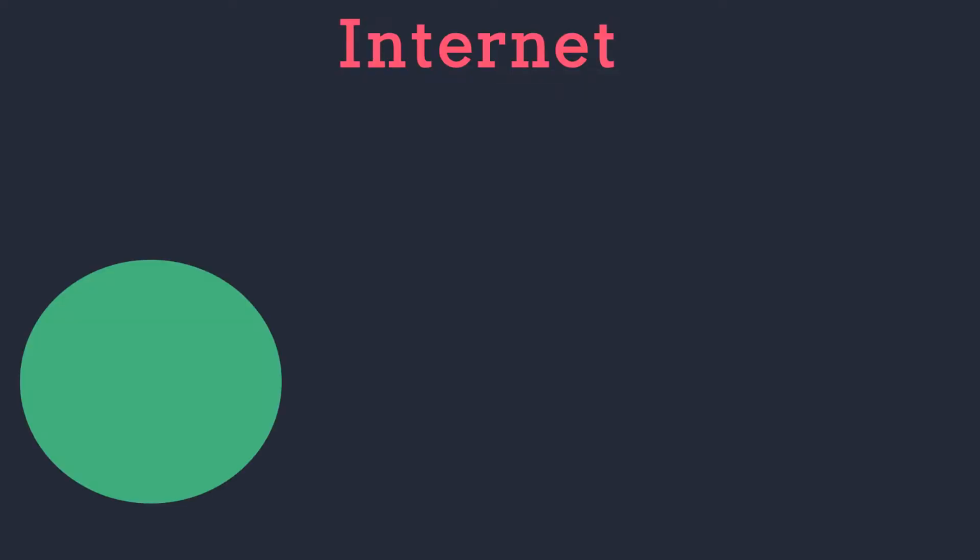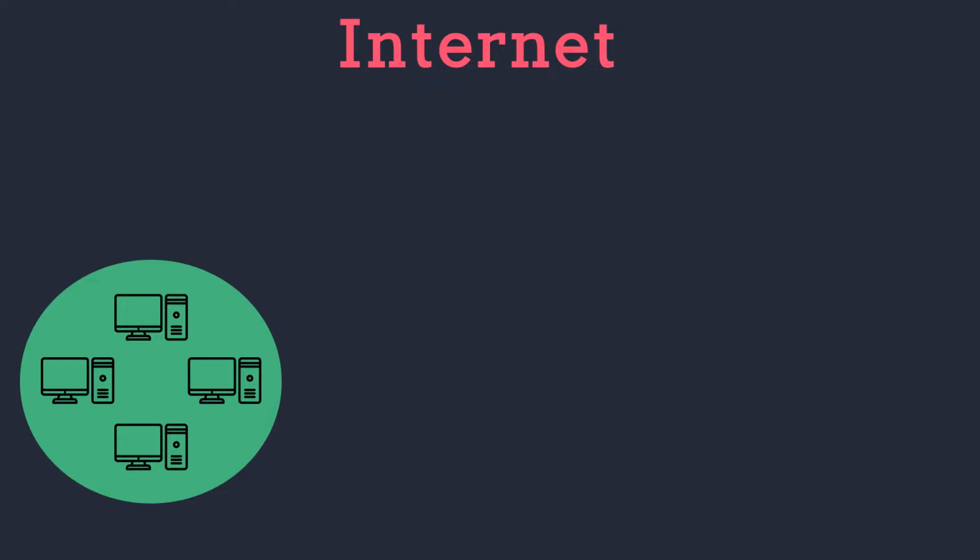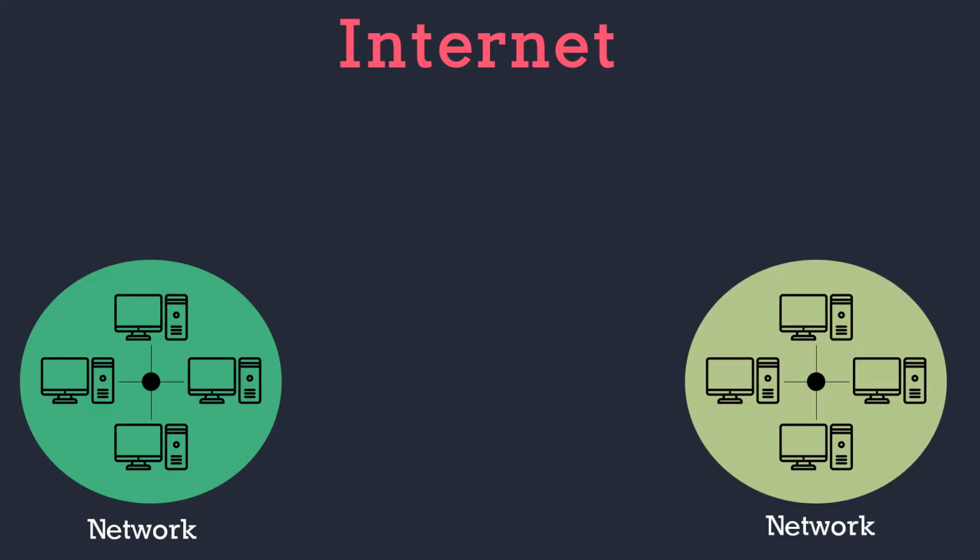Let's take an example of an environment where two or more devices are connected to each other such that they form a network. A similar network exists at a different geographical location and they are connected using a cable. Then there exists a network that consists of more than one device located at different geographical locations to communicate with each other.